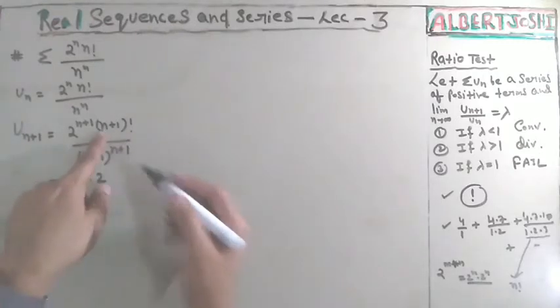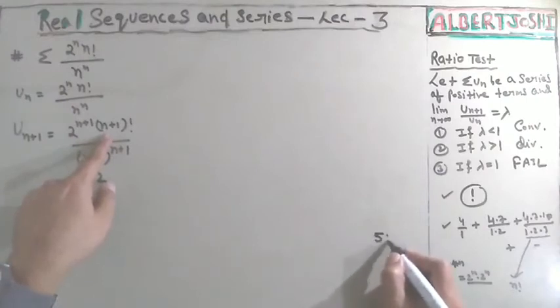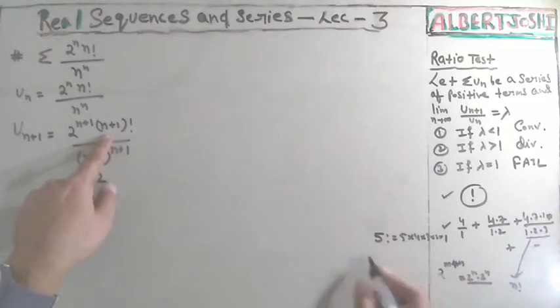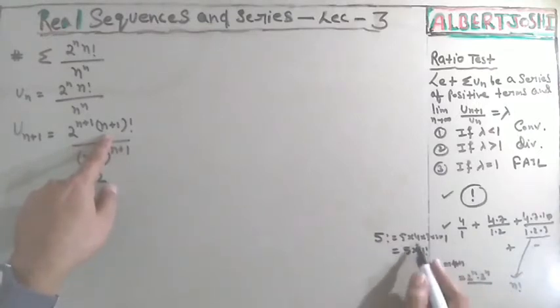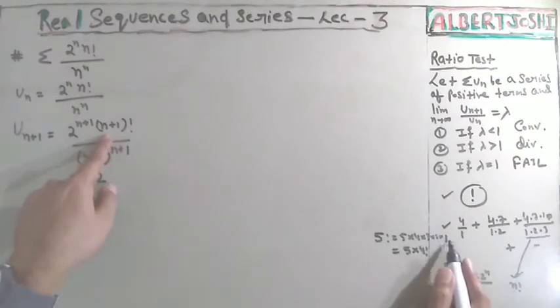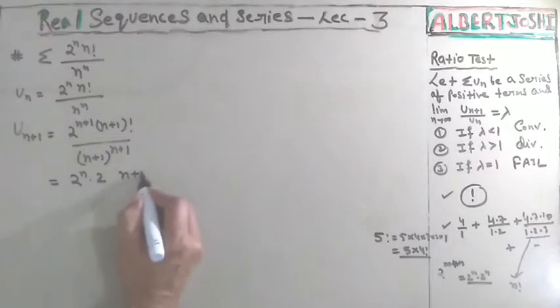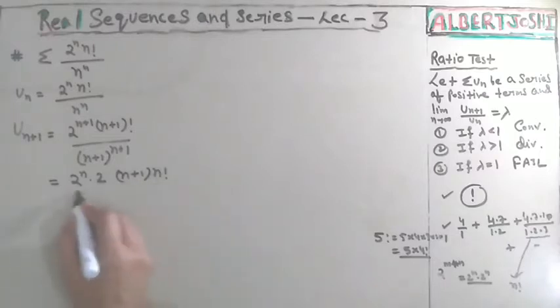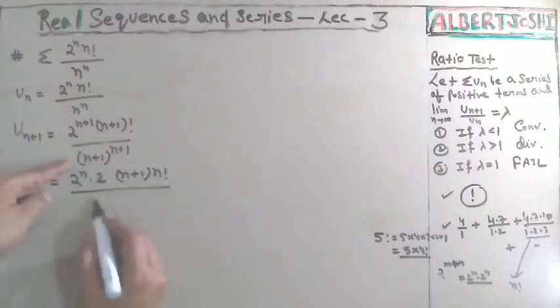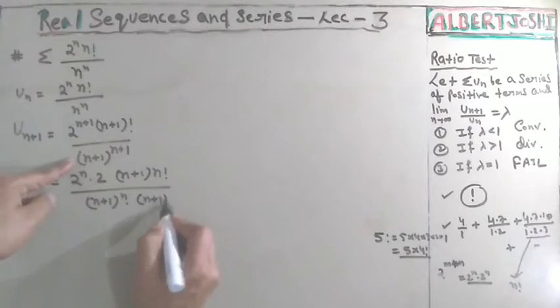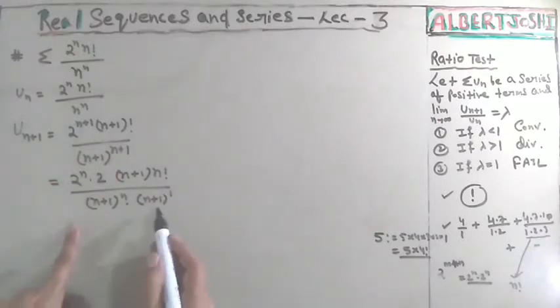You know that 5 factorial is equal to 5 into 4 into 3 into 2 into 1. You can also write 5 into 4 factorial, where 4 factorial is equal to 4 into 3 into 2 into 1. Similarly, n plus 1 factorial is equal to n plus 1 into n factorial. Now you can also write n plus 1 to the power n plus 1 as n plus 1 to the power n into n plus 1 to the power 1. In multiplication, add the powers.